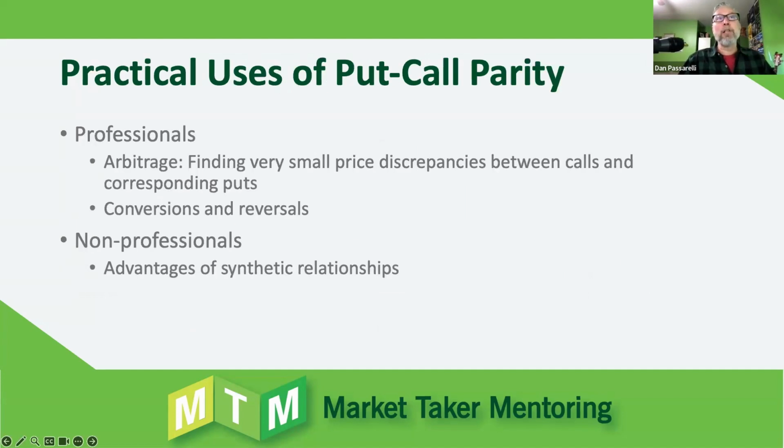Some practical uses are arbitrage: finding very small price discrepancies between calls and corresponding puts can lead me to locking in a profit. Doing things like conversions and reversals, which is basically buying the synthetic stock and shorting the stock. That's all you're really trading, the interest rate there.